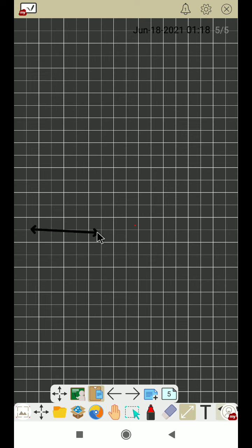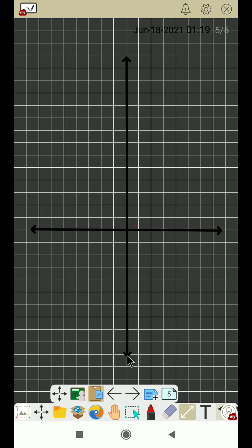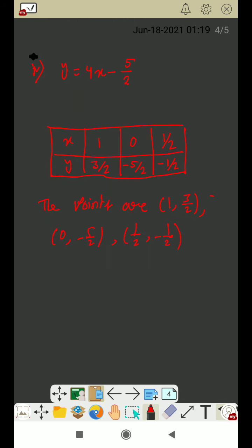Firstly draw the x-axis. So this is the x-axis, and now draw the y-axis. So this is our y-axis. Now this is X'OX, and this is Y'OY. Now look at here.